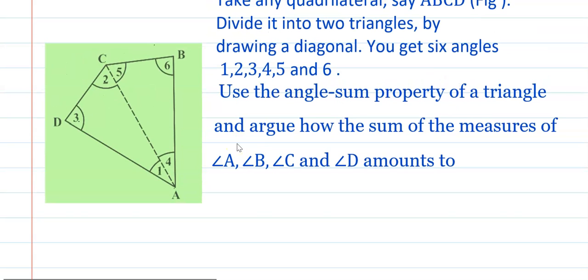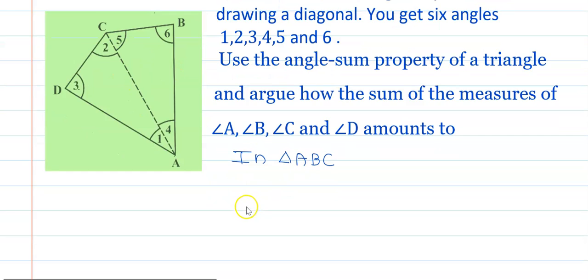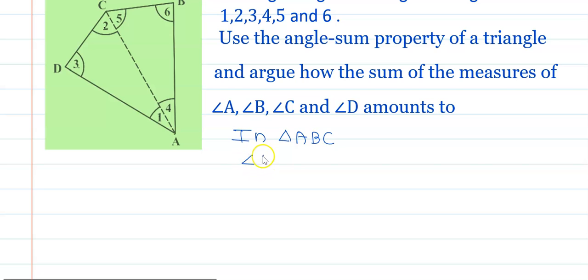In the first triangle ABC, what is happening? The measure of angle 4 plus angle 5 plus angle 6 equals 180.